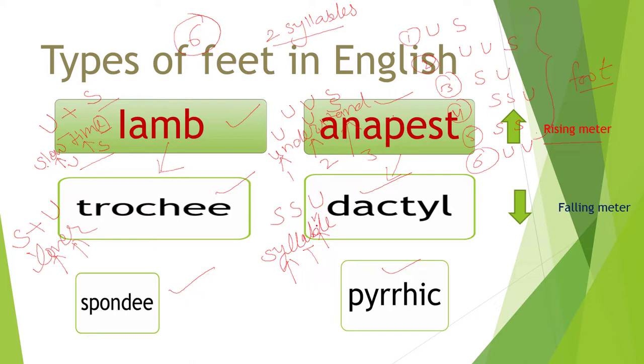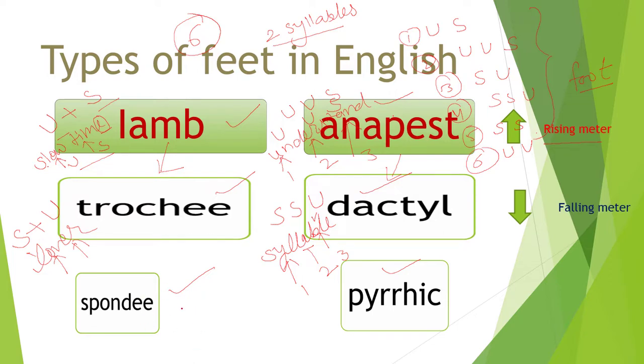So there is a syllable here. BLE, we don't see a vowel between B and L, but there is a sound when we speak it. So there are three vowel sounds here, three syllables. The first two are stressed and the last one is unstressed. This is called dactyl. So trochee is the opposite of iamb and dactyl is the opposite of anapest.